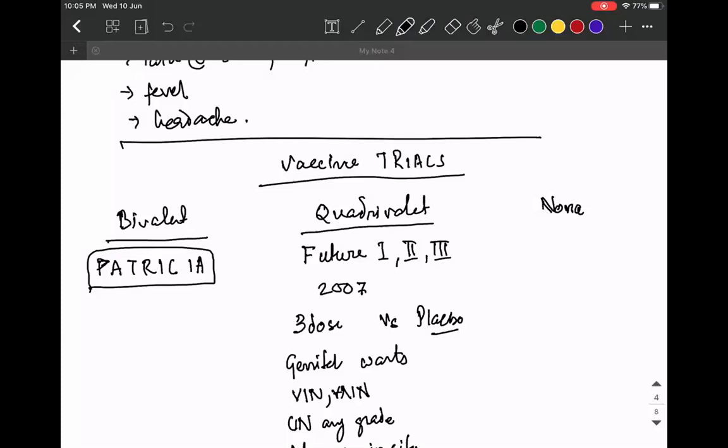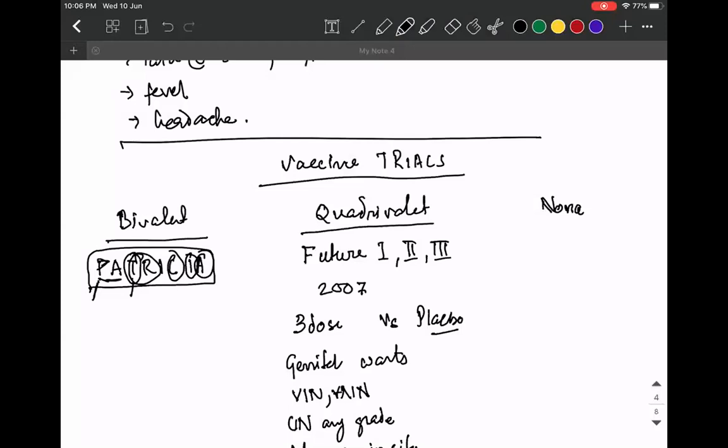Papilloma trial against cancer in young adults. Yeah, right. Papilloma trial against cancer in young adults.